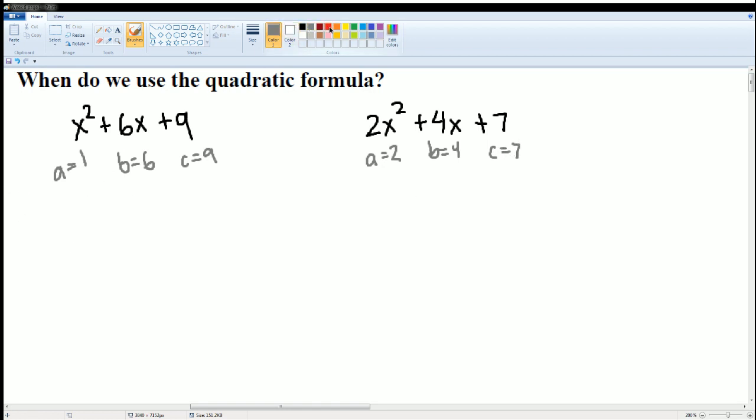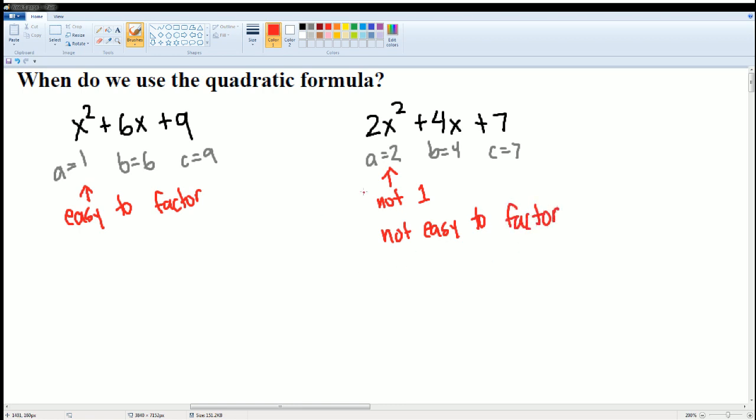Notice here, A equals 1. Very beautiful. This is easy to factor. So you might use your diamond method. Here, this is not 1. This is not easy to factor.